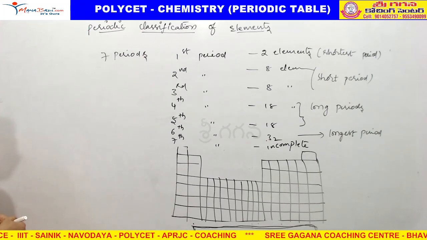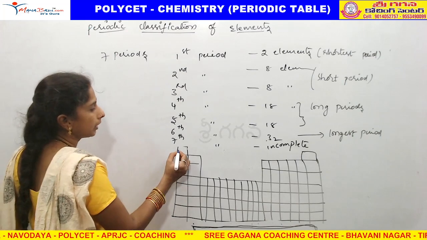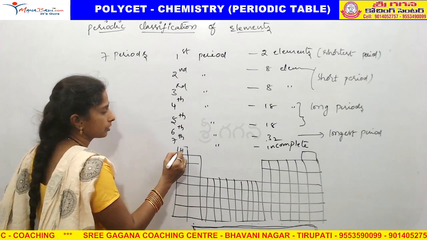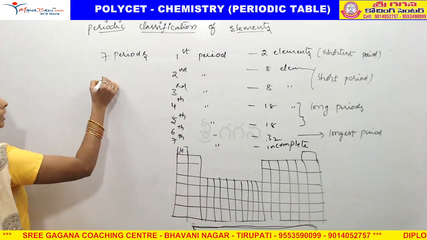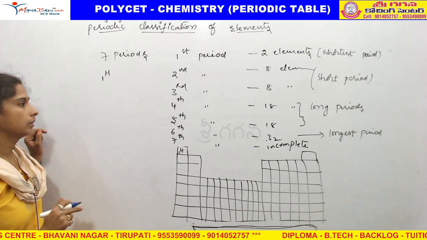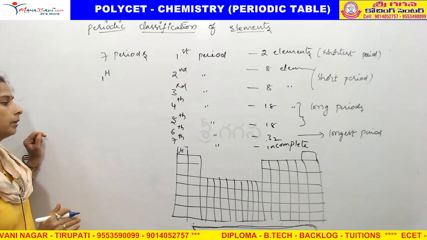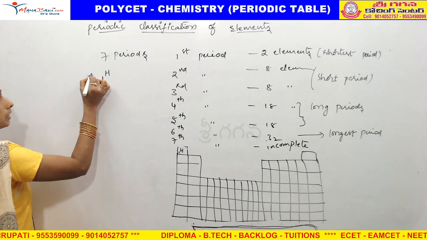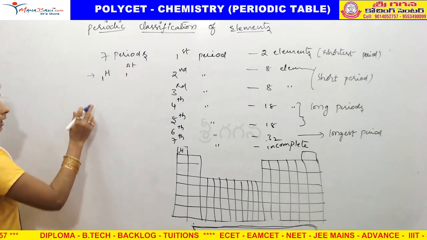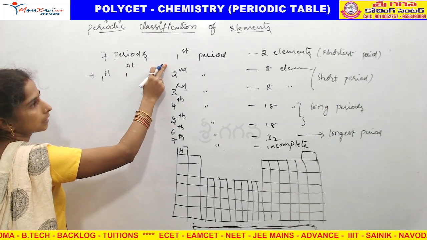For example, here I am taking hydrogen. Hydrogen atomic number is 1. What is the next element? This is in the first period, atomic number 1. In the first period, how many elements are there? 2 elements.